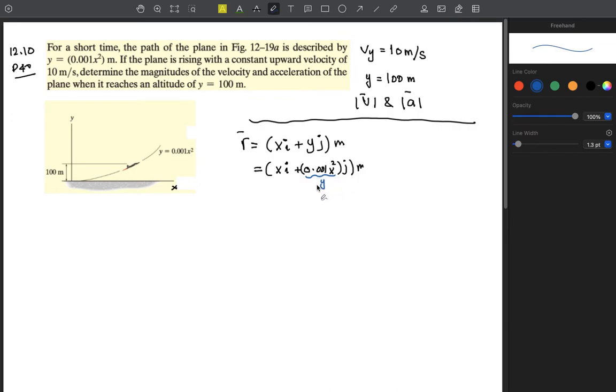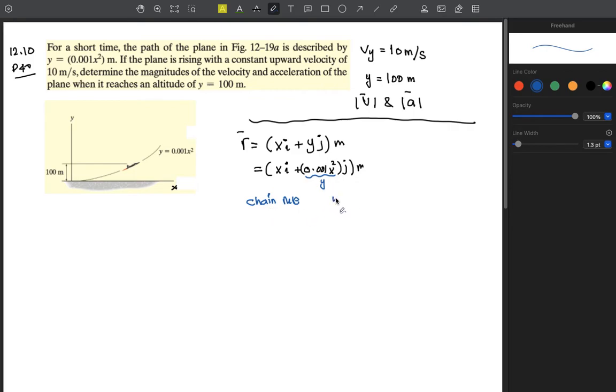Now, we cannot directly differentiate y with respect to t. We have to carry out something that we call, you already know, the chain rule in math. So the chain rule, what does it say? First, we have y.